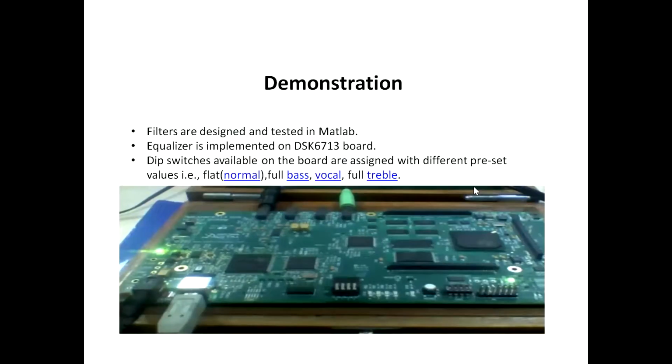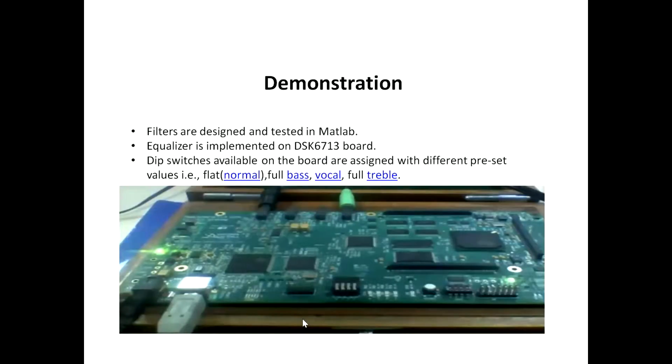Here we have designed our equalizer on the DSK6713 kit, and we have already assigned presets for different combinations of dip switches, the different combination of bass, vocal and treble frequency contents.